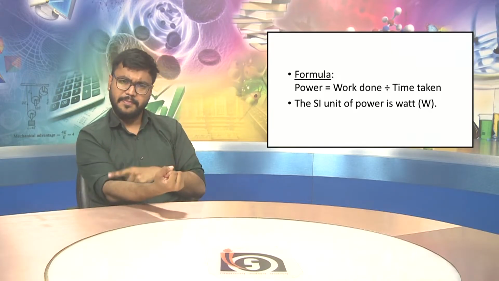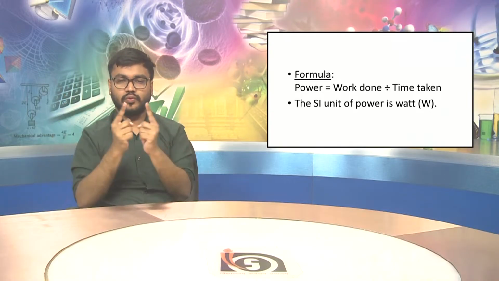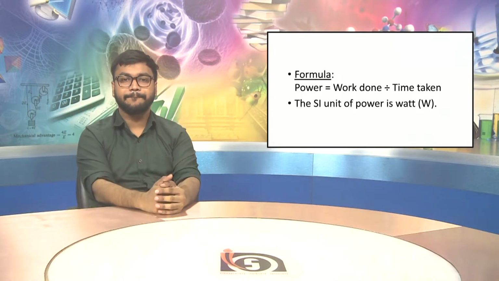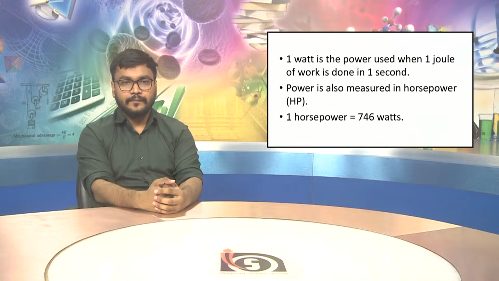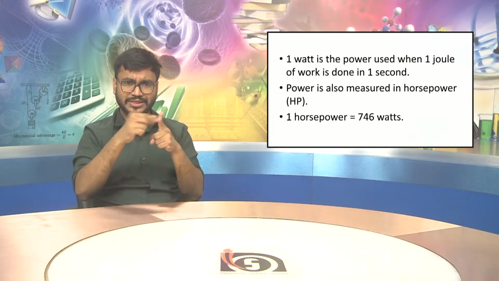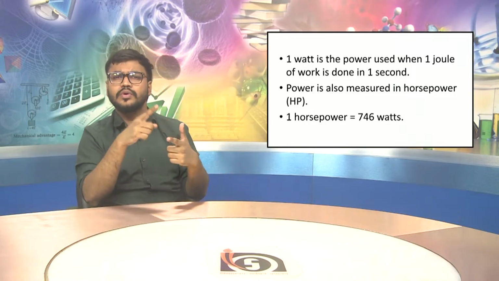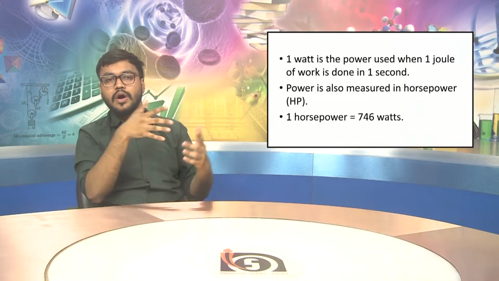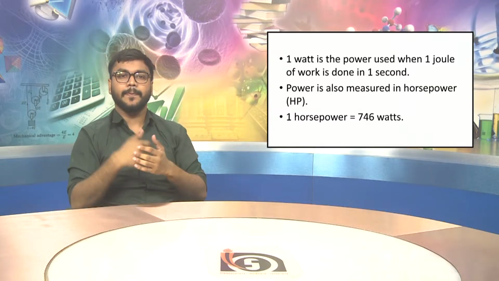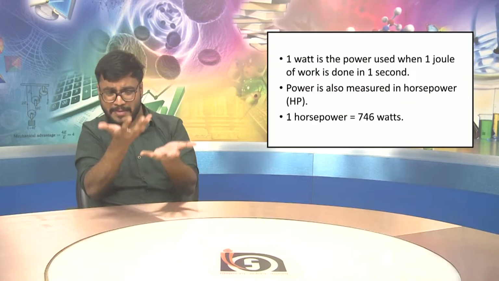And in short, the SI unit of power is the watt, or we can write it down as W. One watt is the power used when 1 joule of work is done in 1 second.